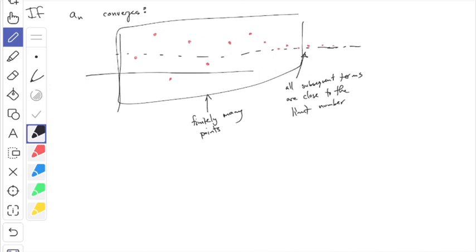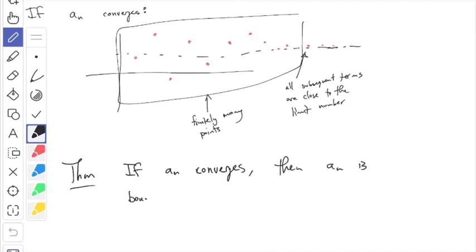And when I say bounded, I mean bounded above and also bounded below. So I'm going to write this as a theorem. It says if the sequence a_n converges, then a_n is bounded above automatically and below.